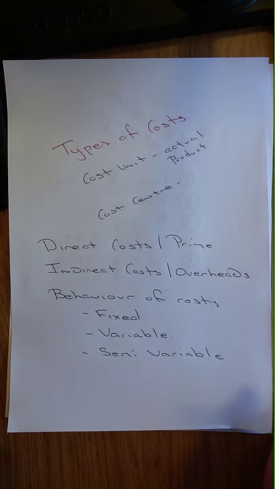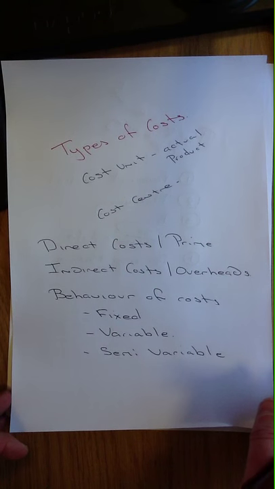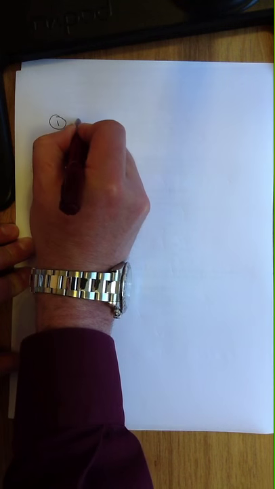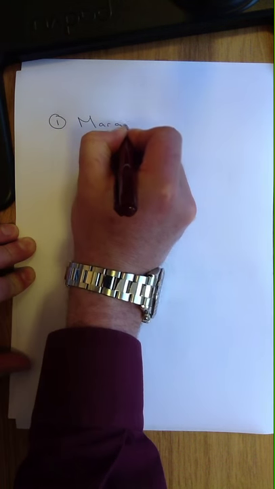We're now going to look at the two different types of questions, and before we do, we're going to look at two different costing approaches which you could be asked about. The first costing approach is marginal costing.